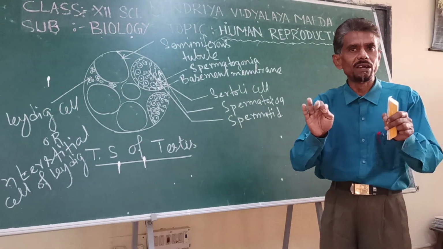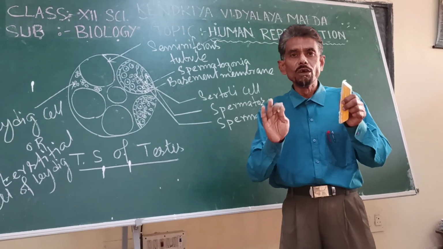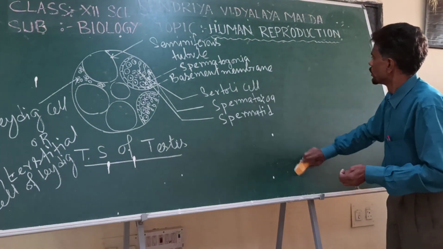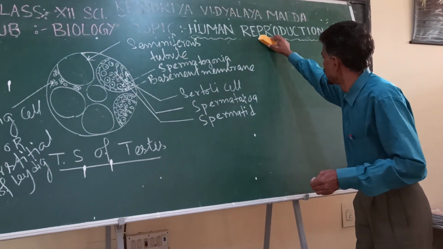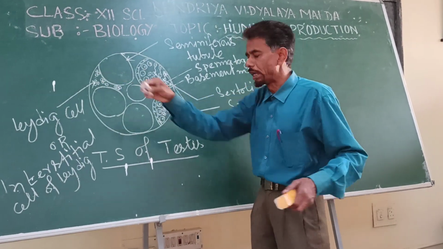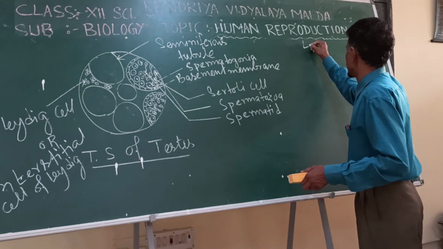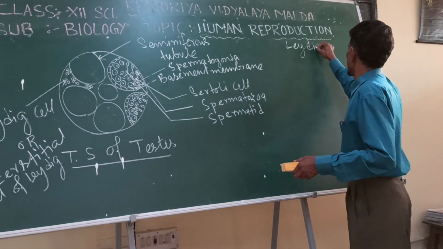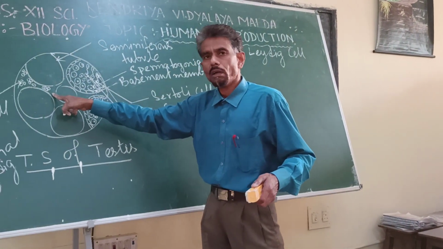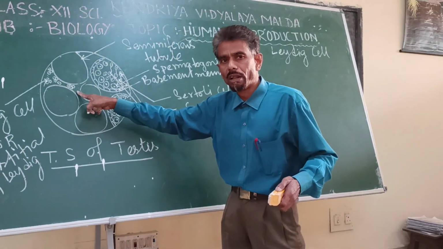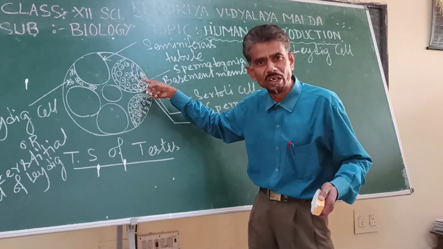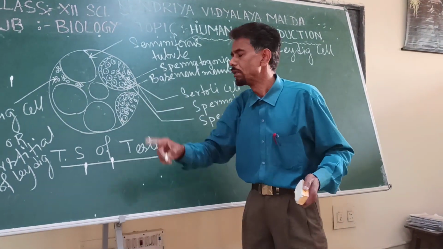But before I deal with spermatogenesis, a few more things we shall have to know. What are the things? So if I rub this part, see the interstitial cell of Leydig or Leydig cell. Leydig cell is very important indirectly for the process of spermatogenesis. Why?